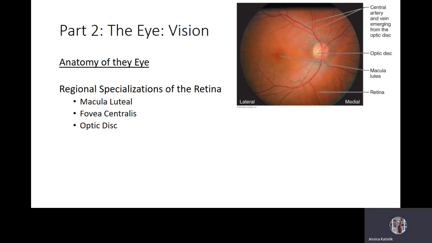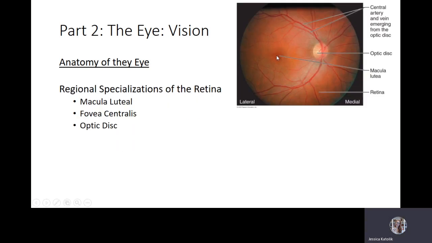Before we leave our discussion of the retina, I do want to talk about special regions that are found in the retina. When we look at the retina in the back, the most posterior part of the retina is going to have kind of a yellowish color, and that's why we call it the macula lutea.